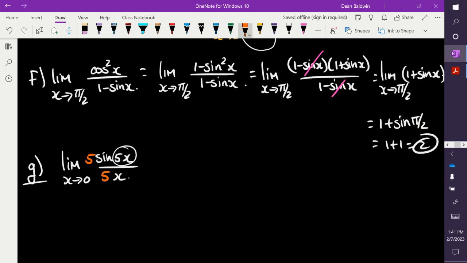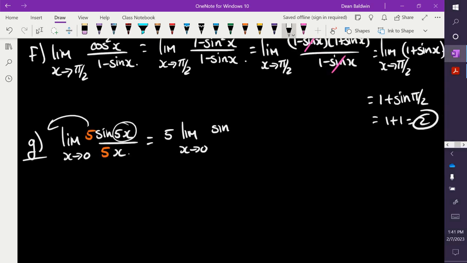Okay. Now, we have a constant. The very first limit property I gave you said you can pull constants into and out of the limit, right? So the top 5 I'm going to pull out. So now, sine 5x over 5x.